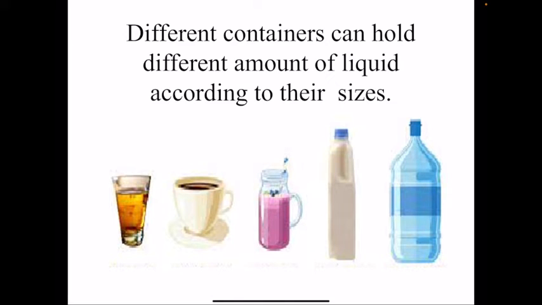So which container is holding maximum liquid in this picture? Yes, the blue bottle. That is the biggest of all. Its size is big. So it can hold the maximum amount of liquid. So we can say this blue bottle has the maximum capacity.